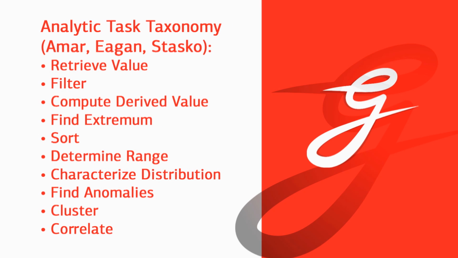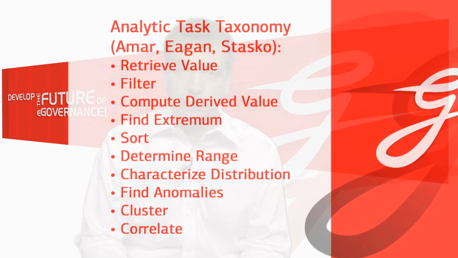For example, you would like to find some values or actual answers, filter the data, compute derived values, find extreme values, sort the data, determine the range, find anomalies, find clusters and groupings, and find correlations between data. And using that kind of framework, it's actually possible to compare which software packages allow you to do that.